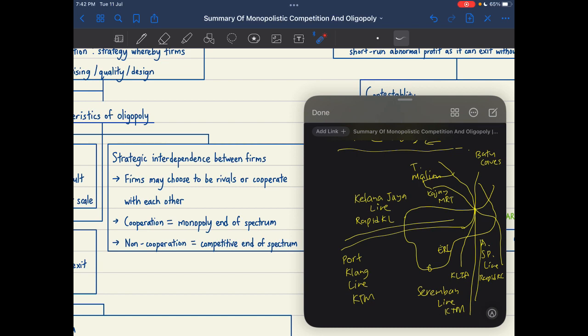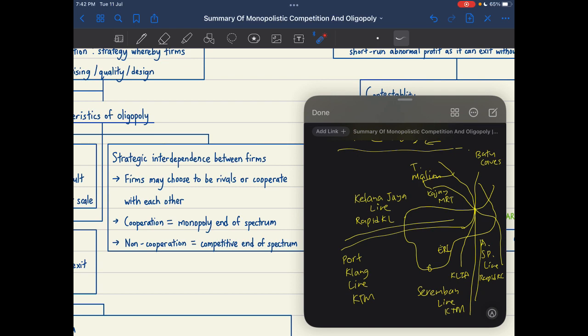So the entire Klang Valley MRT rail line is most likely not a monopoly, but it looks like a monopoly because of pay-to-pay integration and also integration at multiple stations. But if you're doing non-cooperation, you'll end up with the competitive end of the spectrum. So what this means to consumers is that they have many choices.